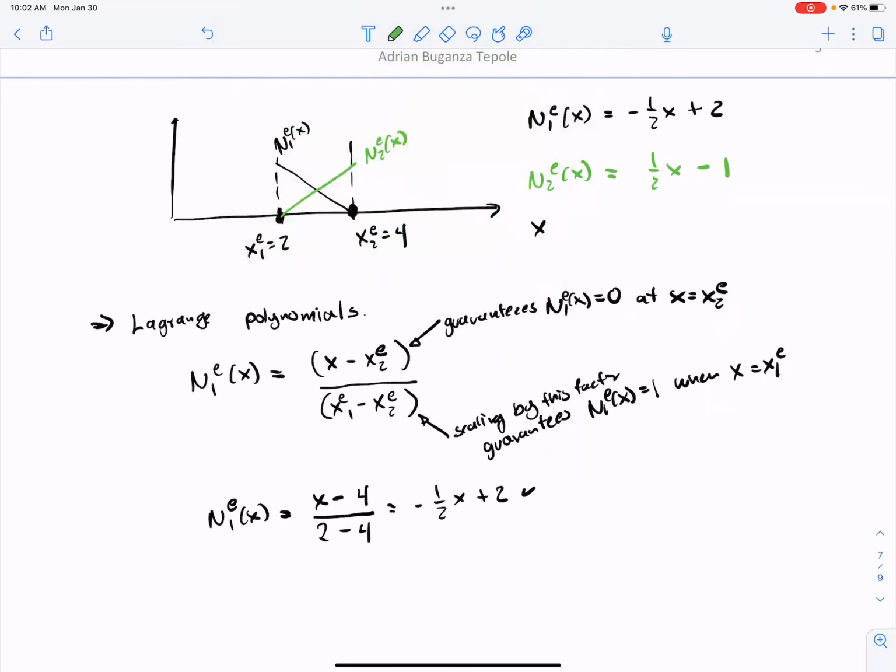But note that this definition that I have up here works for any x1, x2. And we'll use this later on to define quadratic functions, for example.